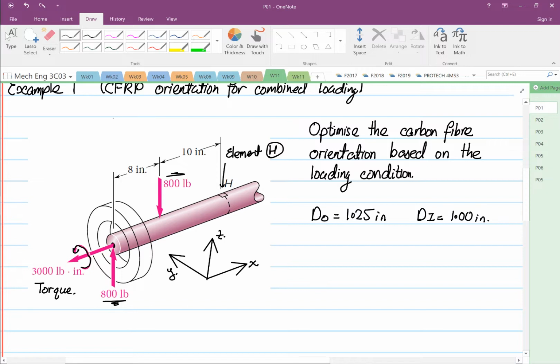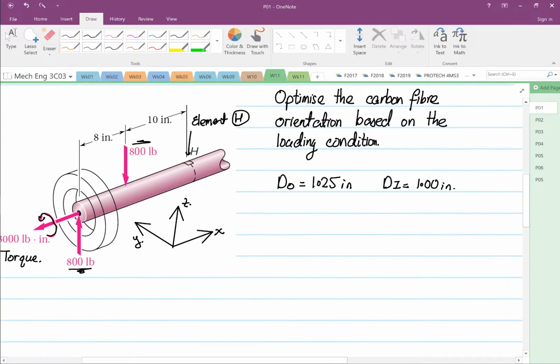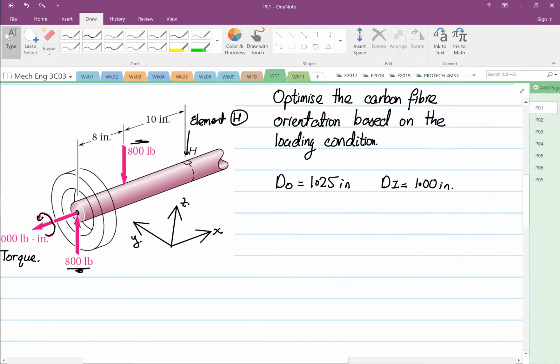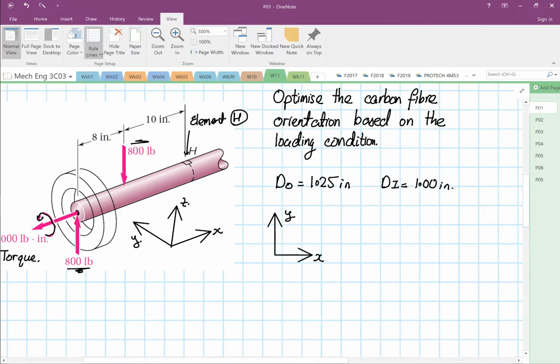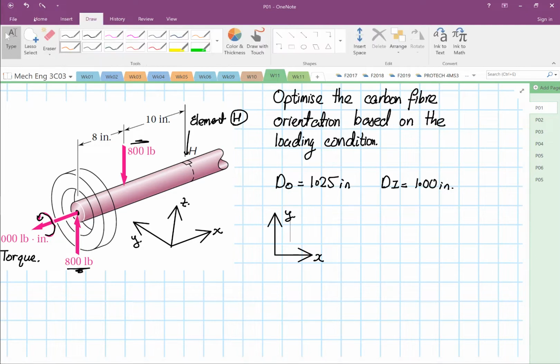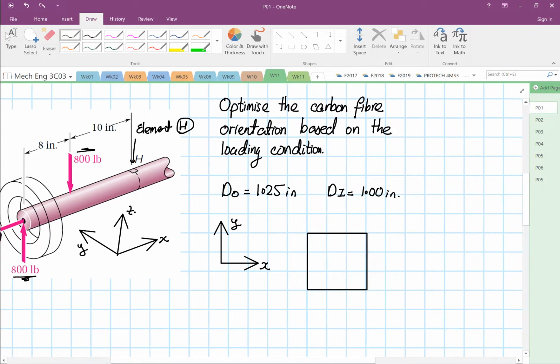So if we look at element H from the plan view, this is X and Y. What we want to find out now is what our stress is in the X direction.